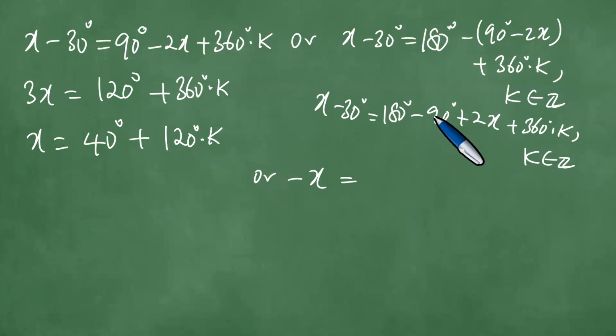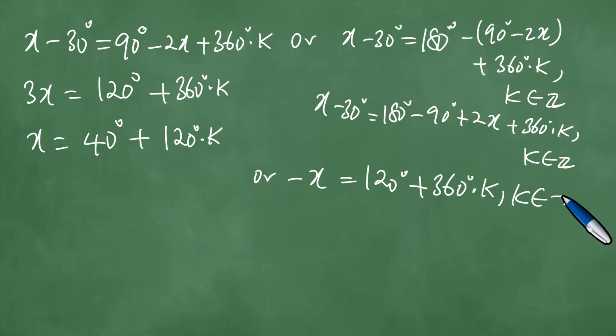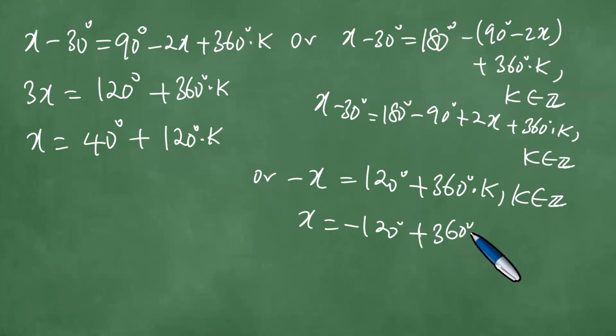Now, 180 minus 90 is 90. 90 plus 30 is 120. Which is minus x equals 120 plus 360 degrees times k.